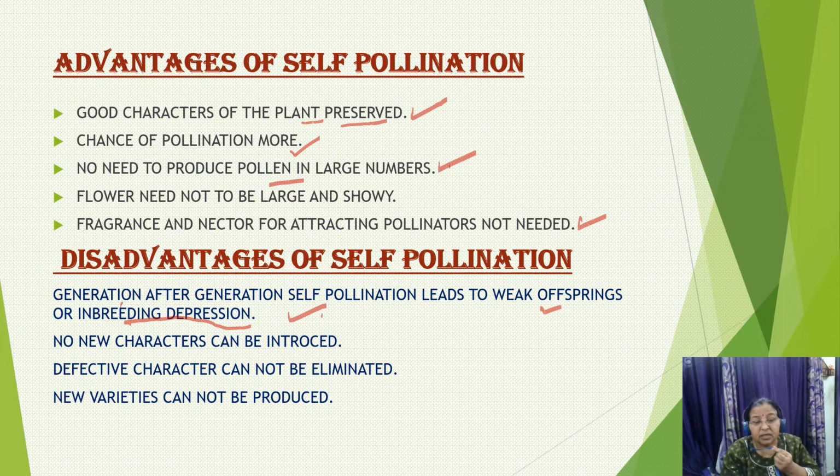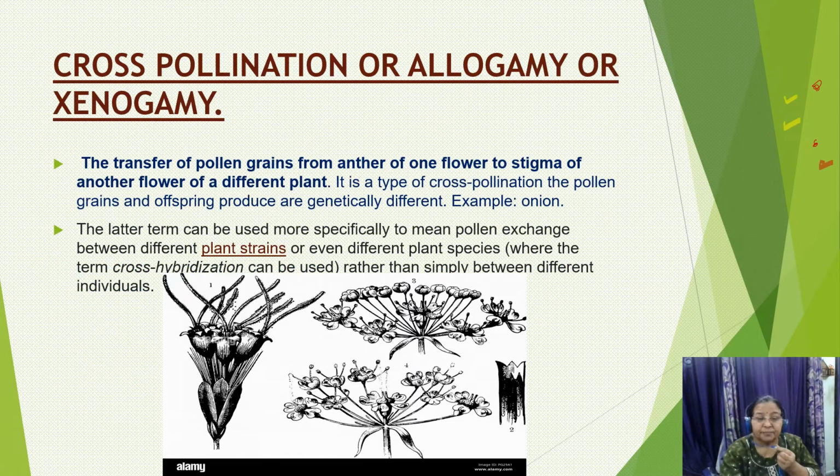This is called inbreeding depression. We'll study later. Then new characteristics are not introduced, defective characteristics may not be eliminated, and new varieties cannot be produced by these methods. So cross-pollination, or nowadays hybridization, is being done to prevent this inbreeding depression.